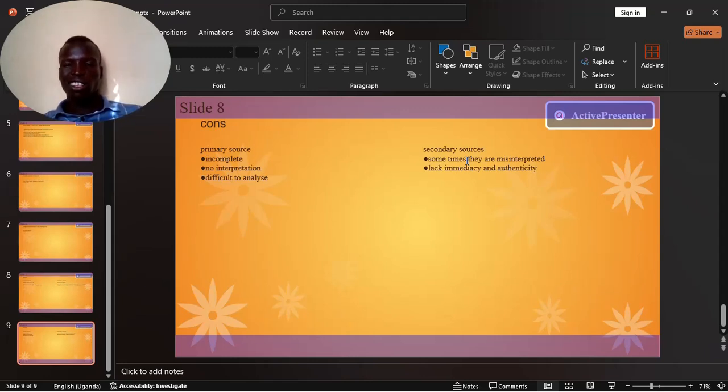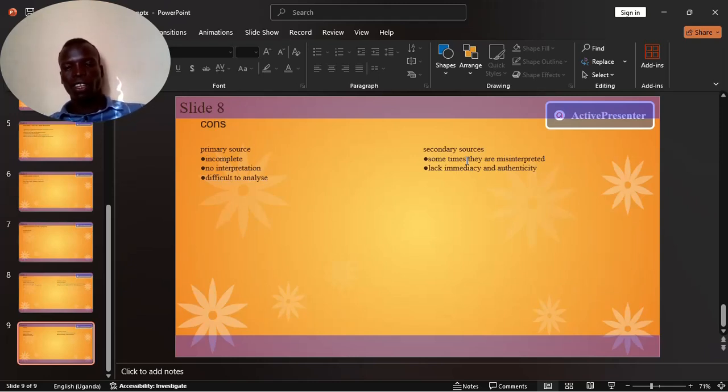And the next is what we call lack of immediacy and authenticity. When I say immediacy, they don't reveal the real time when the information was made, and they are not authentic, they are not original.